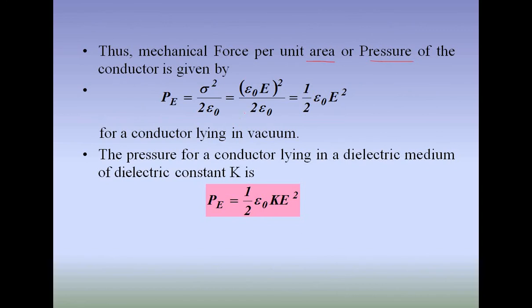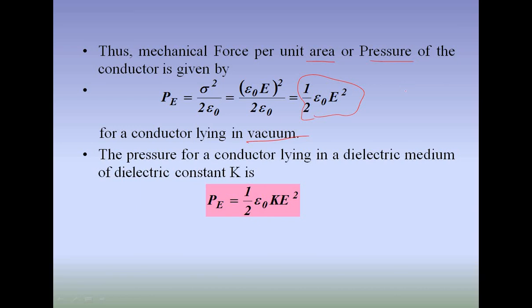Okay, this value you put here, then squaring and उसको simplify करोगे तो आपके पास ये आएगा half epsilon naught E square. This is the mechanical force acting per unit area, or the pressure of the conductor, for a conductor which is lying in the vacuum.